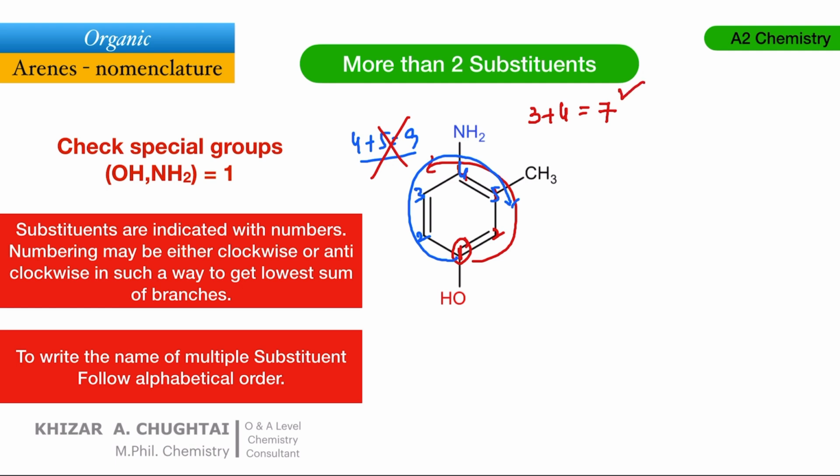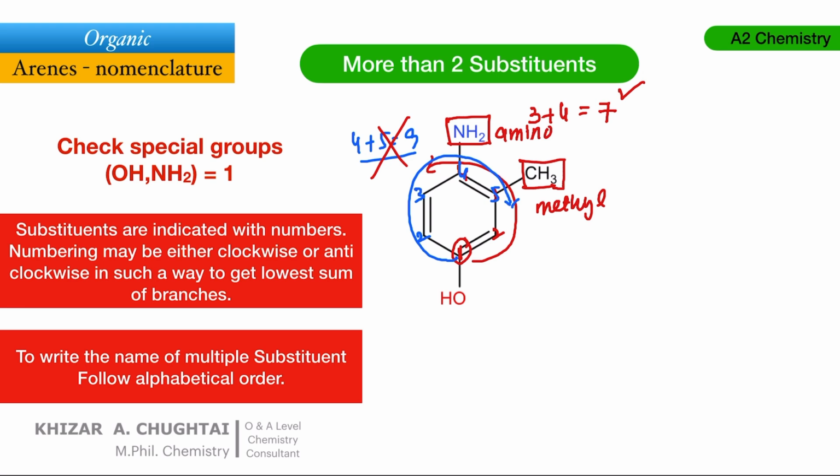Now it's time to write the name of the whole compound. There are 2 branches. One is the methyl branch, the other one is the amino branch. These 2 substituents are written with respect to their alphabetical names.